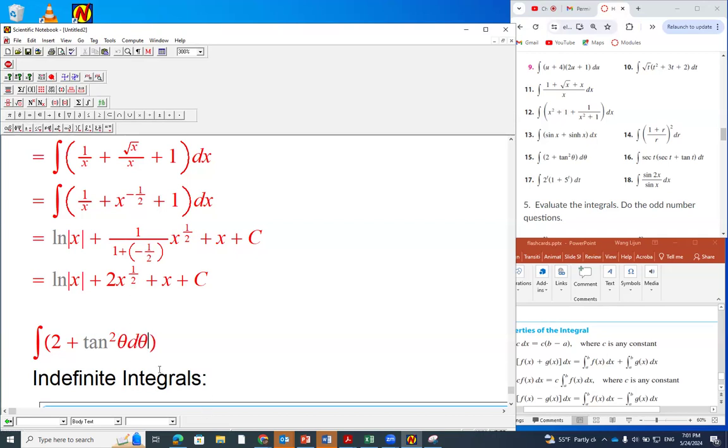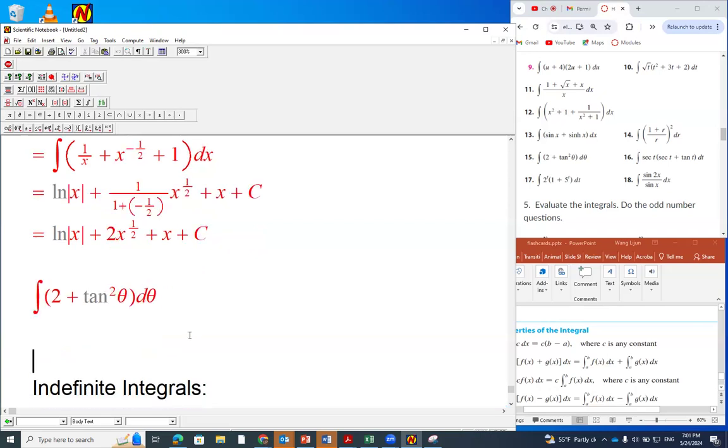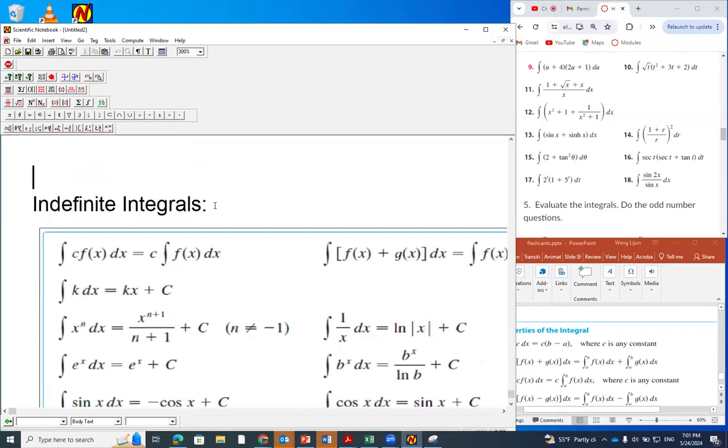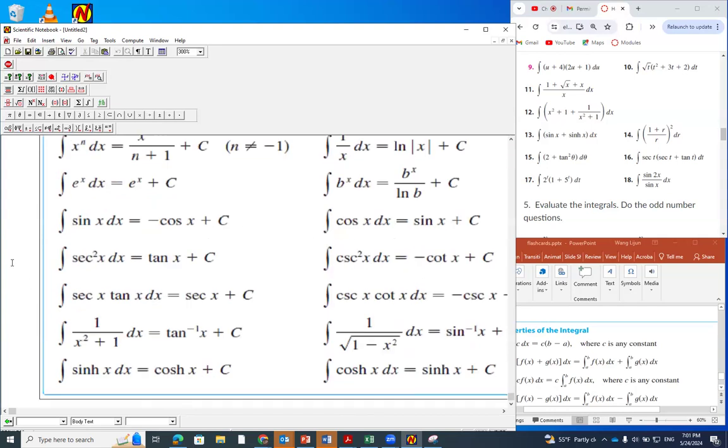Okay, don't forget the d theta. Antiderivative of 2 is 2 theta. But what's the antiderivative of tangent squared theta? If you look at the table, we don't see a tangent squared, right? In these indefinite integral tables.